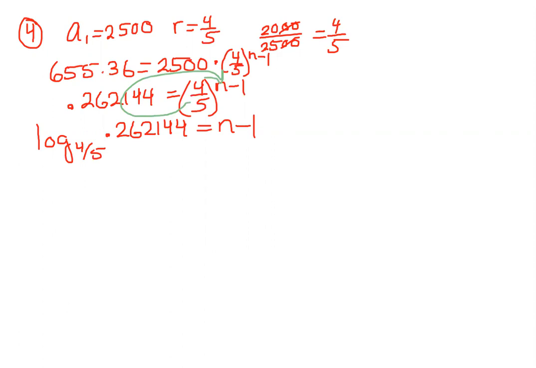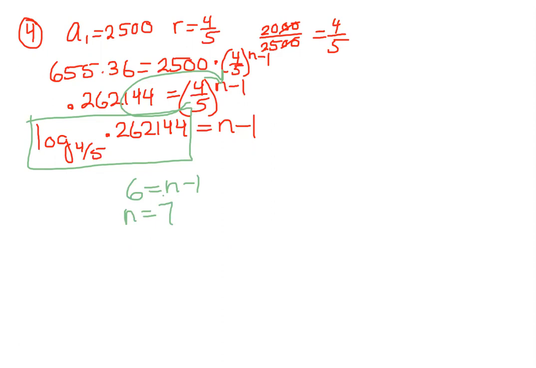Log of 0.262144 divided by log of 4 divided by 5. And look at that, if you do this on your calculator, you get 6 equals n minus 1, and n equals 7. And if you do this, you got to get a whole number. N is a counting number, so it has to be a whole number.